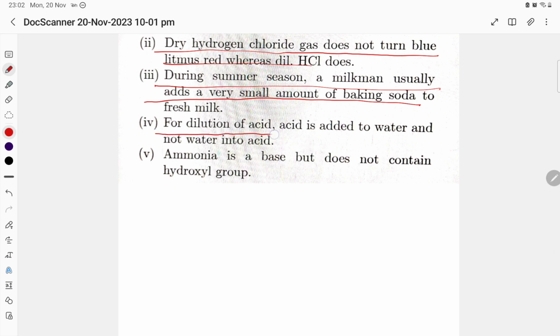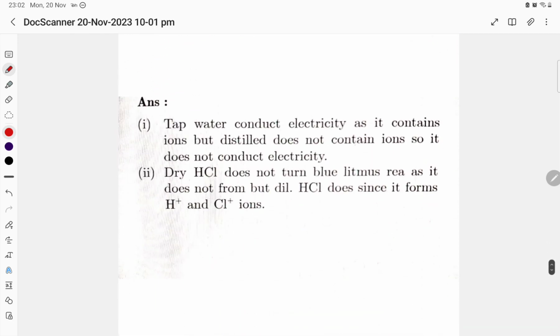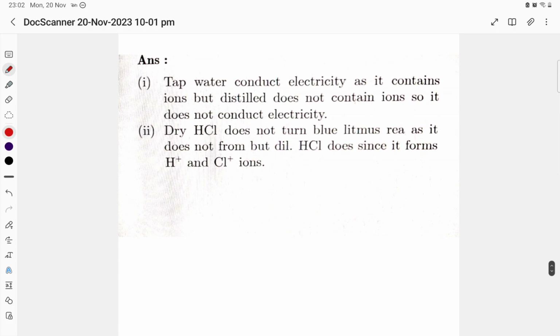For dilution, acid is added to water and not water into acid, because it is a highly exothermic reaction. Ammonia is a base but does not contain a hydroxyl group, because it reacts with water and then forms the OH group.